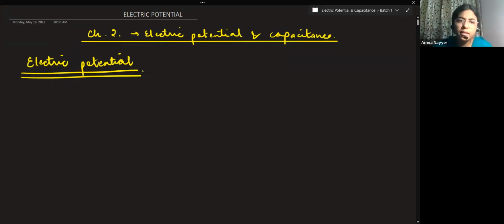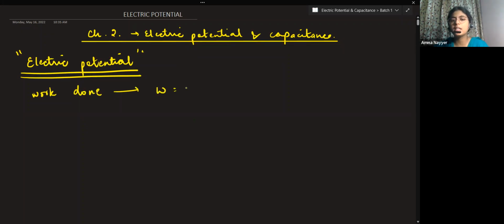So all of you, I think, should remember what is meant by work done. So work, energy, and power you have done in your 11th standard. So what is work done? The whole concept of work done will be utilized in electric potential. Now see, at least you should know basic formulas of work done.